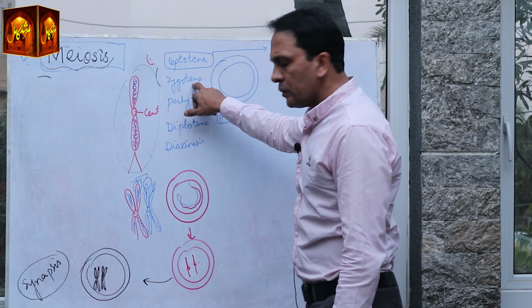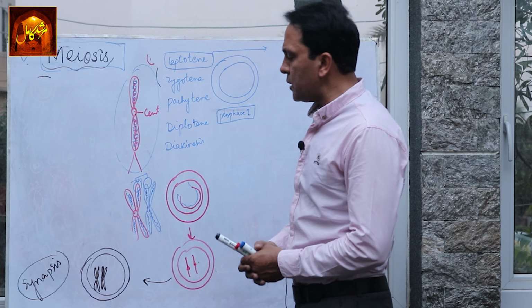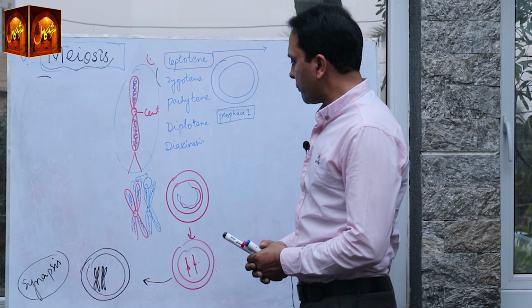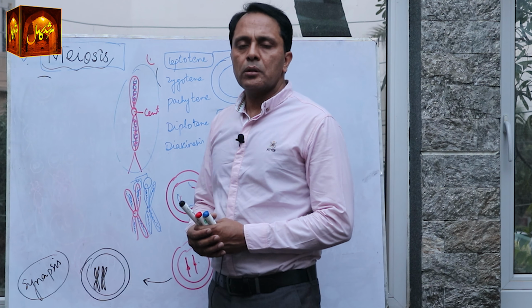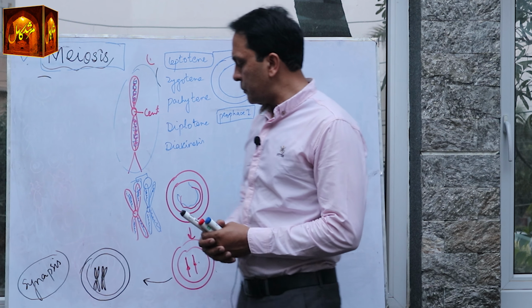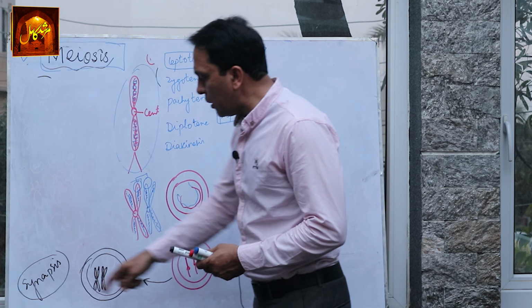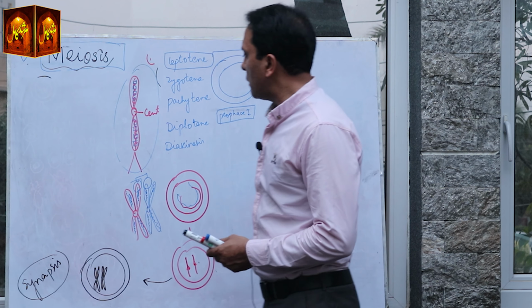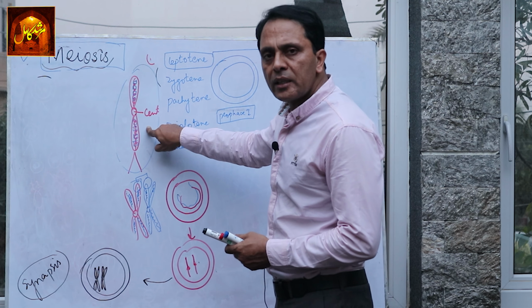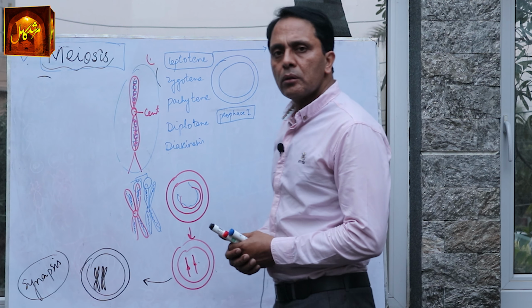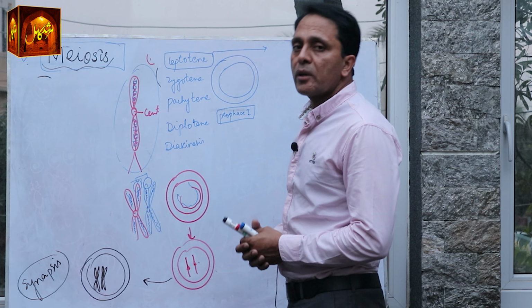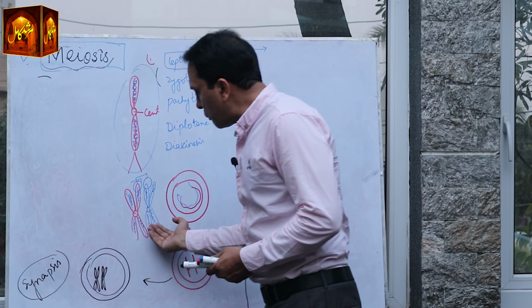So in zygotene, let's recap the changes. Number one, the homologous chromosomes pair up. This pairing is called synapsis. First they were single structured chromosomes, but now they have been changed into double structured chromosomes.